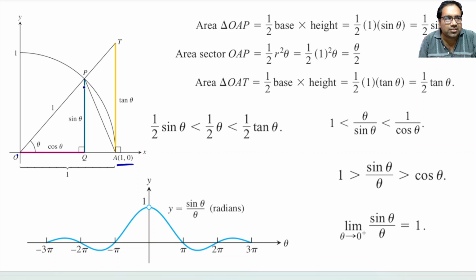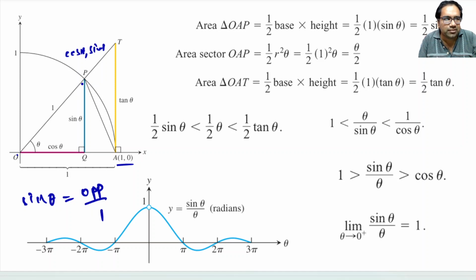Then what are the coordinates of this P? This will be (cos theta, sin theta), because the radius is 1: r cos theta and r sin theta. Basically, sin theta is opposite side by hypotenuse, and hypotenuse is 1.